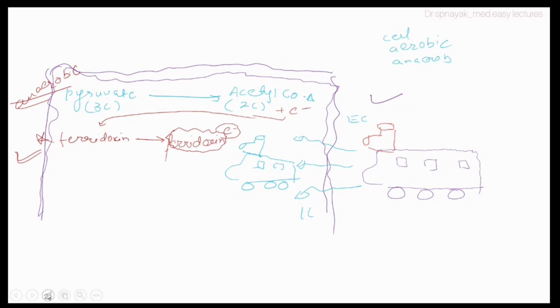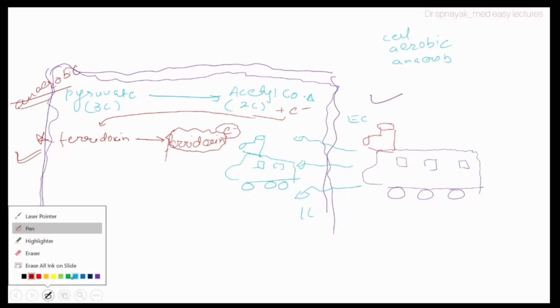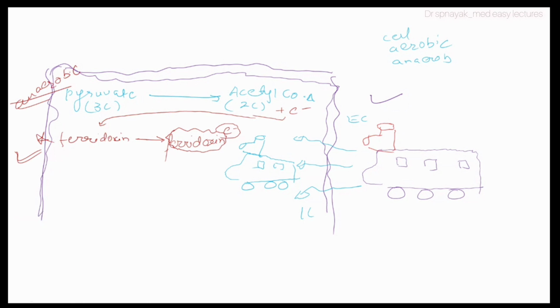Now, moving towards a little basics: in oxidation, there is a loss of electron. In reduction, there is a gain of electron. We can remember this as OIL RIG.